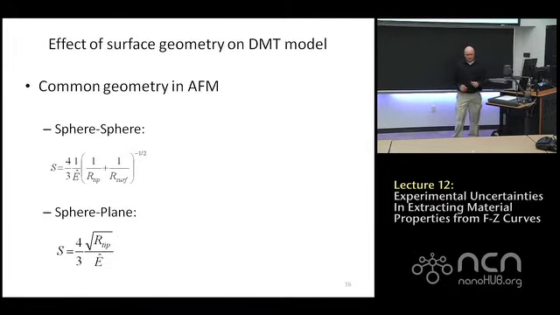Just to simplify that for the common cases in AFM, say sphere-sphere, where our tip is a sphere and whatever we're indenting is also a sphere, that complicated constant reduces to 4/3 times 1 over R tip plus 1 over R sphere surface, inverted. For sphere-plane, it simplifies further because we can just let R of the surface go to 0, and you just get 4/3 square root R tip.